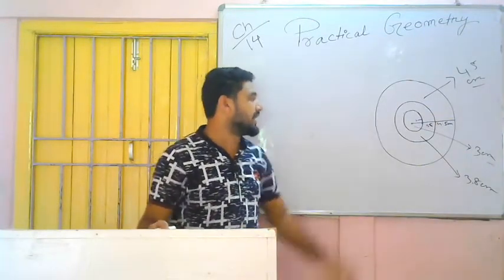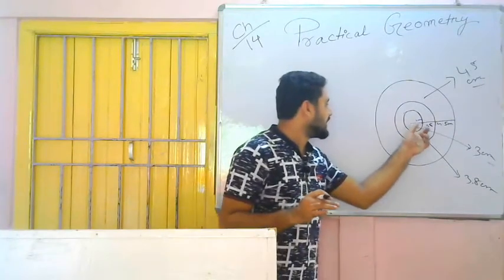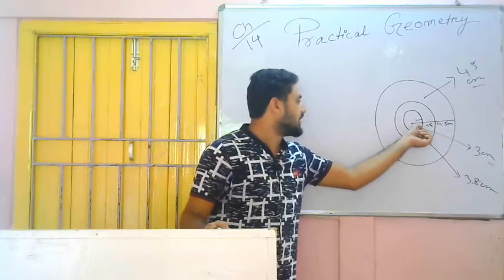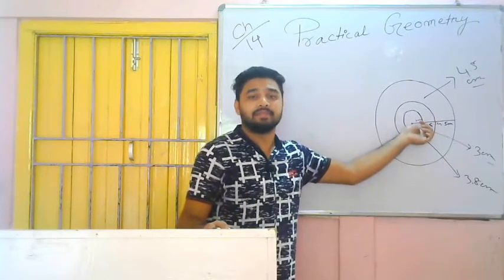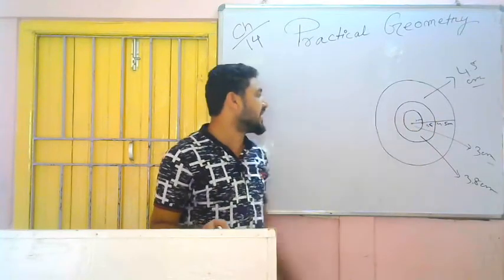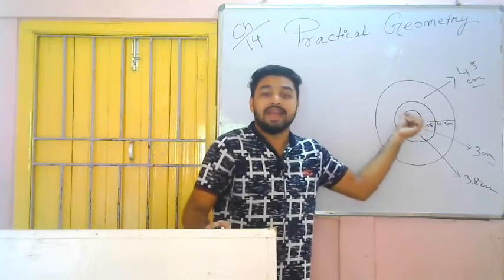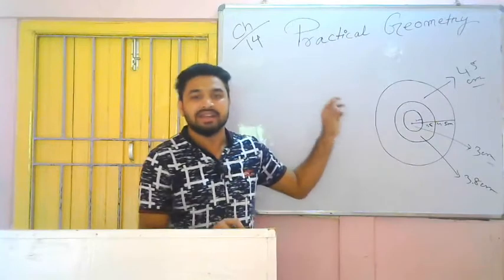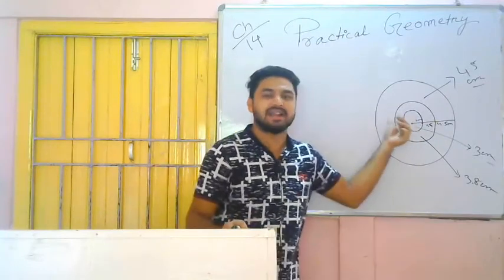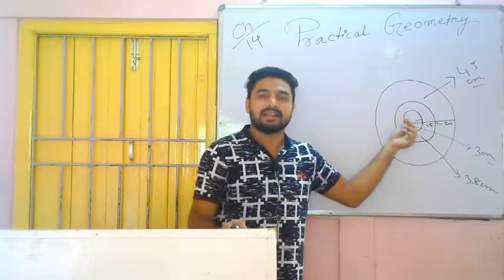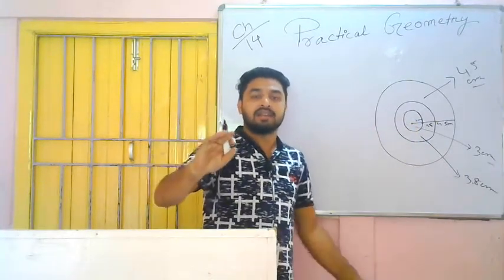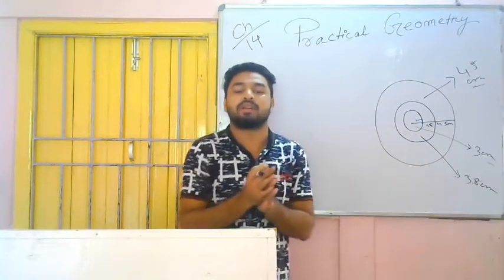Then you see, in this case we have maintained the same center, not changing the center. If you keep the center the same and draw many circles, then these circles will be called what?